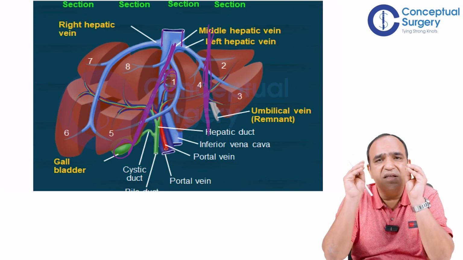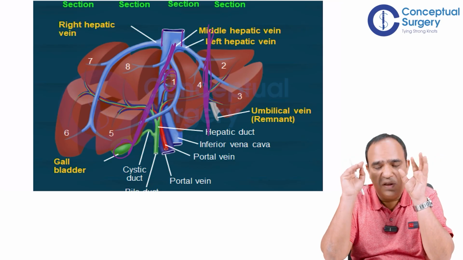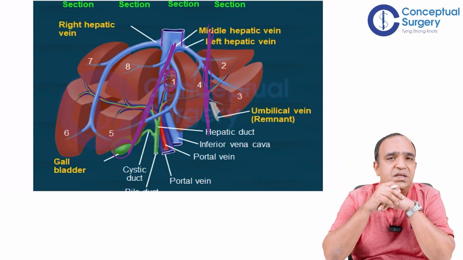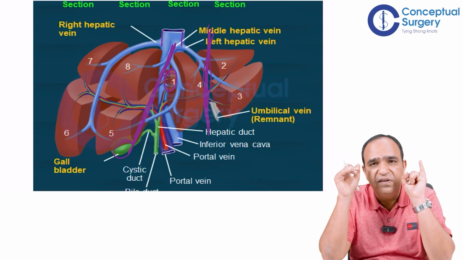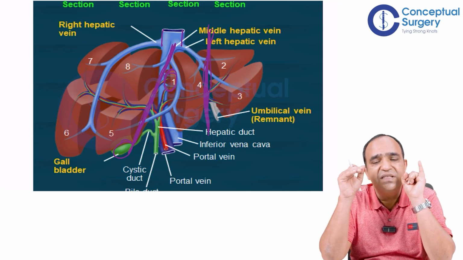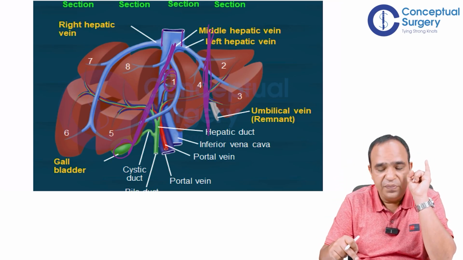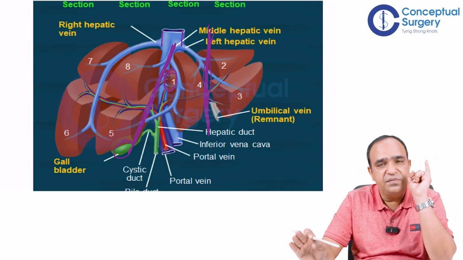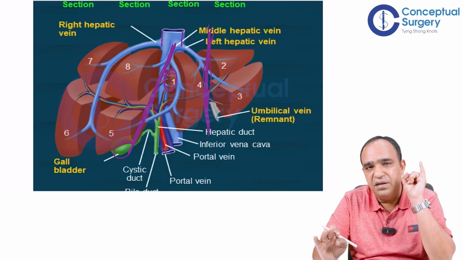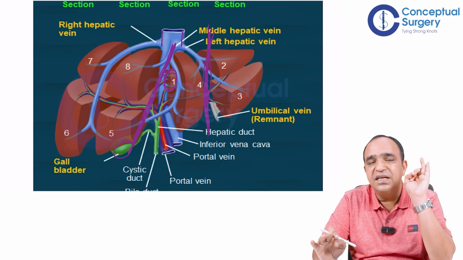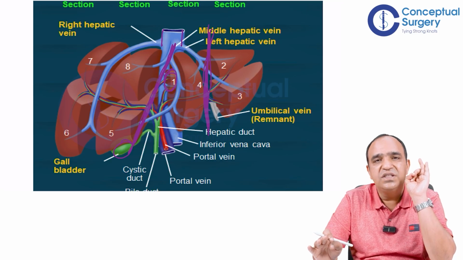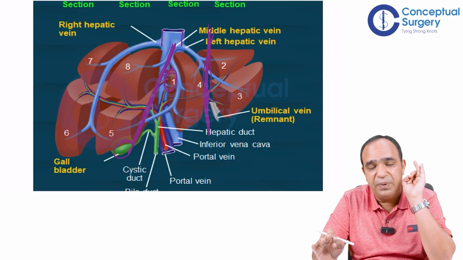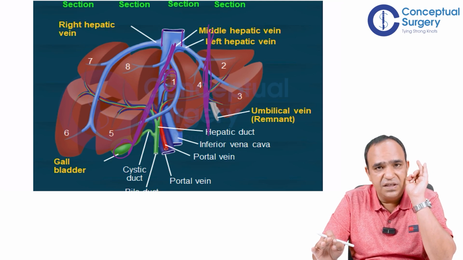So just 3 things you have to remember here amongst the first 2 questions. Anatomical division of the liver is done by the falciform ligament, where the left lobe is segments 2 and 3 and the right lobe is 4 to 8. But that's anatomical. Surgical division is by Cantlie's line, which is the line joining the gallbladder to the middle hepatic vein, or IVC if you don't have this choice.